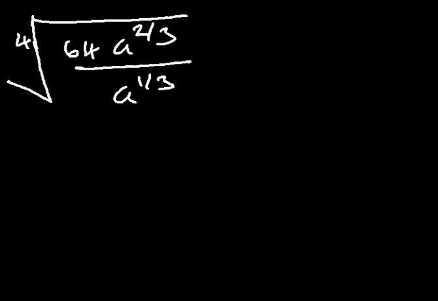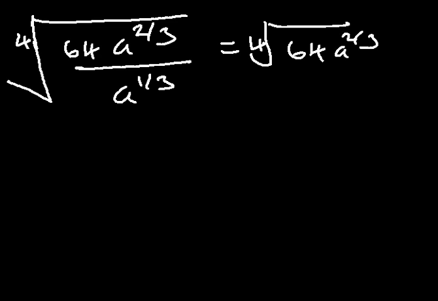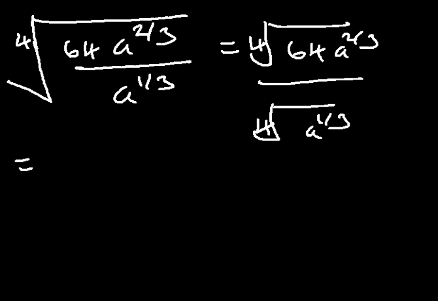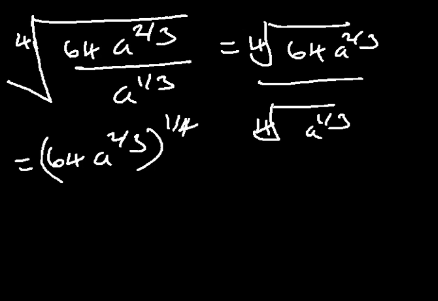So what is the working principle behind this? According to the principle, this is the same as the 4th root of 64 times 8 to the power 2 over 3, divided by the 4th root of, according to the laws of indices, 8 to the power 1 over 3. Which is the same as (64 times 8 to the power 2 over 3) overall to the power 1 over 4, divided by (8 to the power 1 over 3) overall to the power 1 over 4.